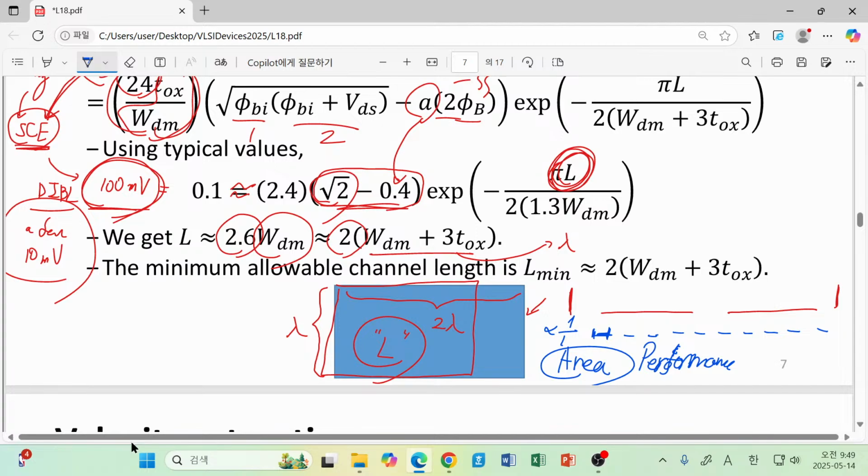So we prefer to have the shortest device possible, but unfortunately the minimum length scale is limited by this vertical length scale. This vertical length scale determines the minimum length scale.